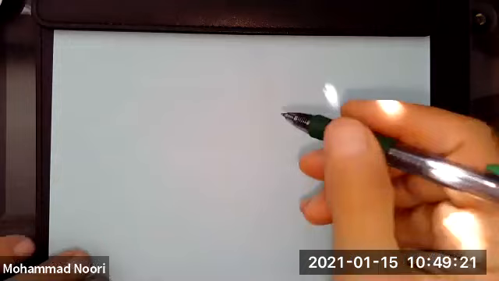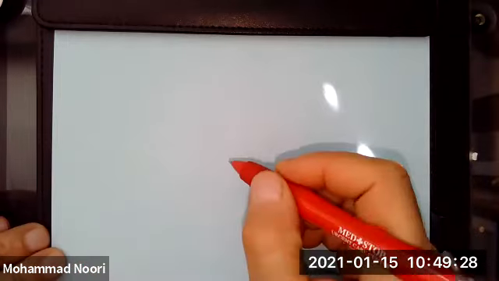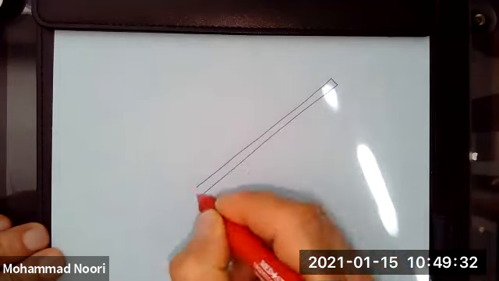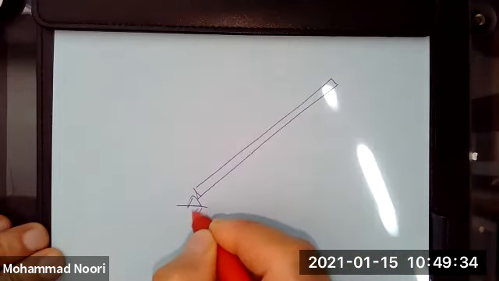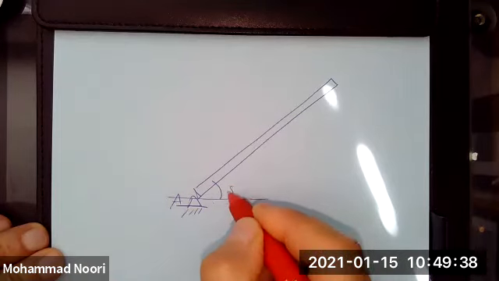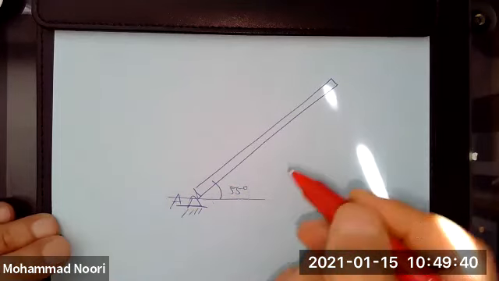Okay. I'm going to do this problem. This is actually a problem from your book. I don't remember what problem it is, but it's a good problem. You have a beam or something pinned at this point A. The angle of orientation is 55 degrees.